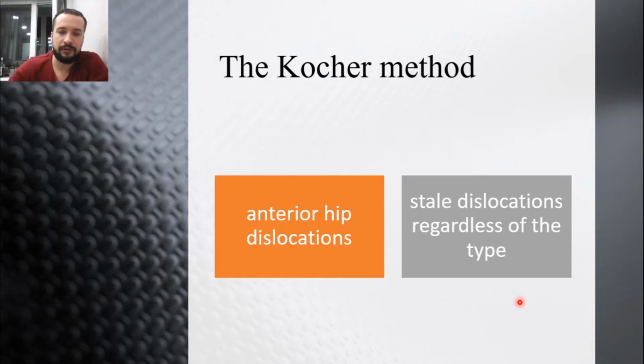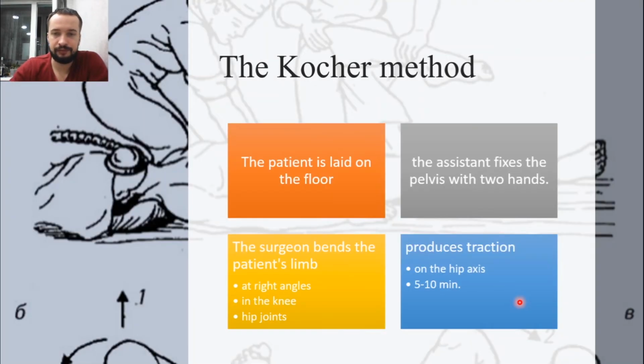What about the Kocher method? The Kocher method is often used to eliminate anterior hip dislocations or stale dislocations, regardless of the type. The patient is laid down on the floor.